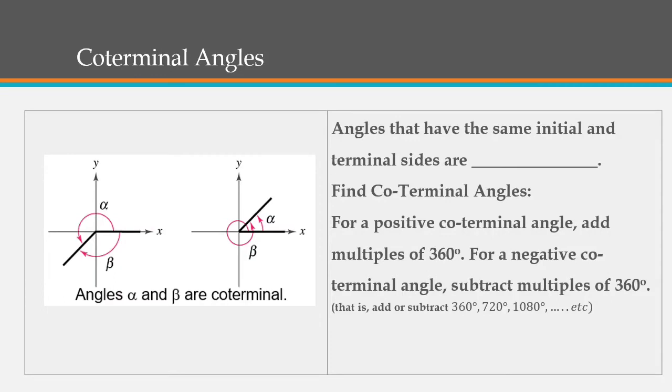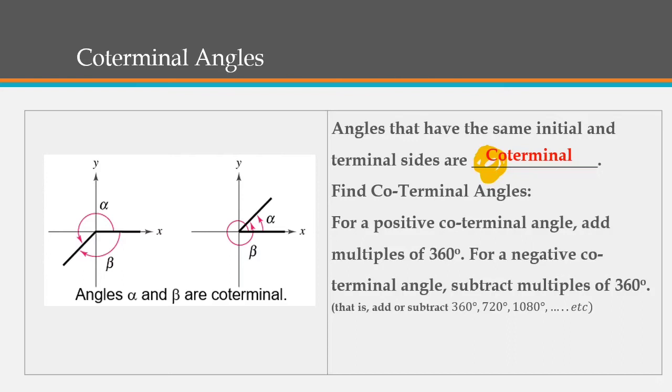Now let's take a look at coterminal angles. Angles that have the same initial and terminal sides are coterminal. So let's break down the word coterminal. The co in coterminal, if you think about the English language, is used in words such as co-captain or co-owner.